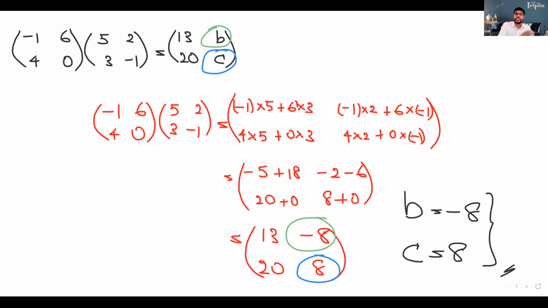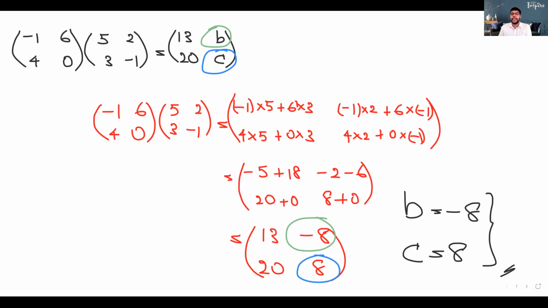You start with the first row on the first matrix and the first column of the second matrix. Once you're done with that, you go to the second column of the second matrix. Once you're done with that, you go to the second row of the first matrix and you come back to the first column of the second matrix, and then you go to the second column of the second matrix, and that's how you get your individual elements. So that is how the matrix multiplication was done, right? So I didn't explain that multiplication part in detail because you all already know it, right?